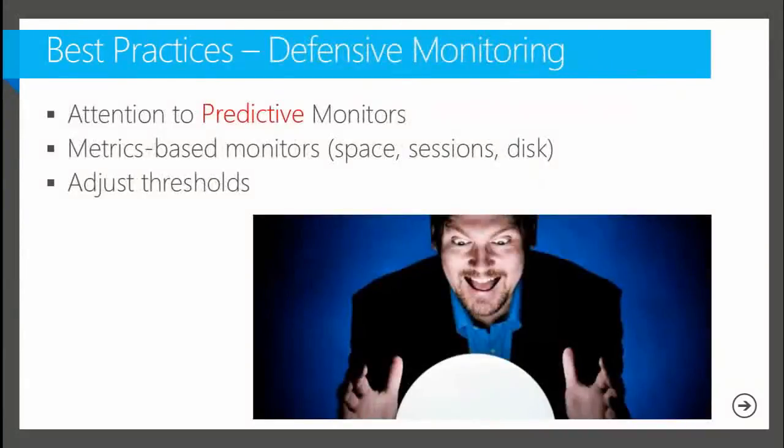Next best practice. It's rather addressed to the advisor because we should try to use predictive monitoring as much as possible, to be proactive as much as possible. Because actually in the SQL Server Management Pack we have some rules regarding space monitoring.